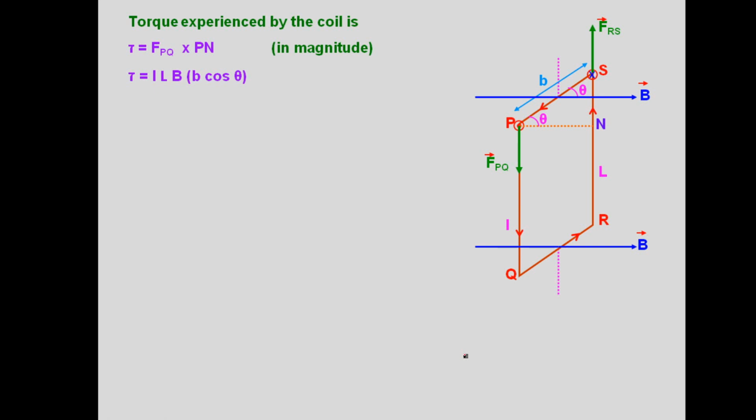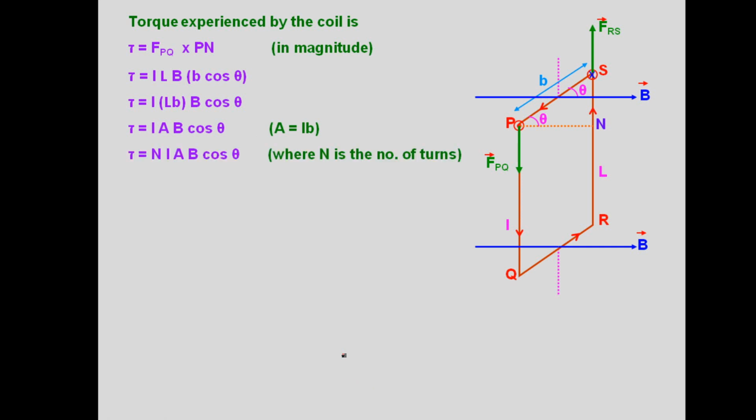Now combining L and B, it becomes area. So IAB cos theta, where A is L into B. If the coil has N turns, then N will be multiplied with the expression of force experienced by a single coil.